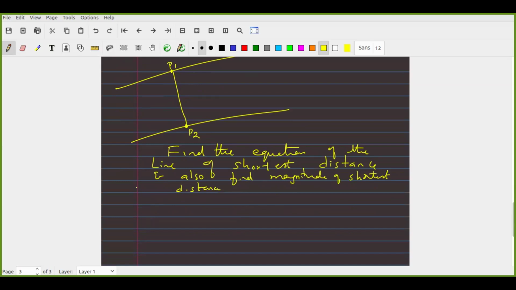And sometimes the lines are not given in symmetric form. You should convert them. So here I already have given symmetric form.